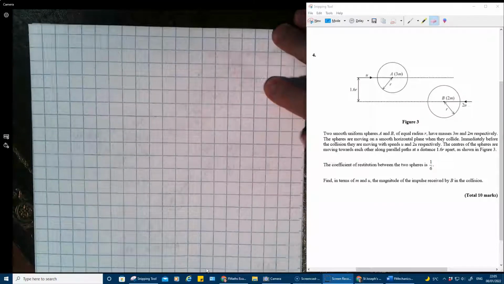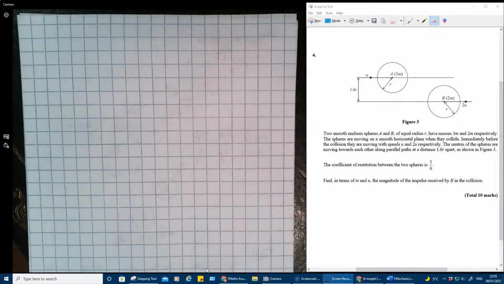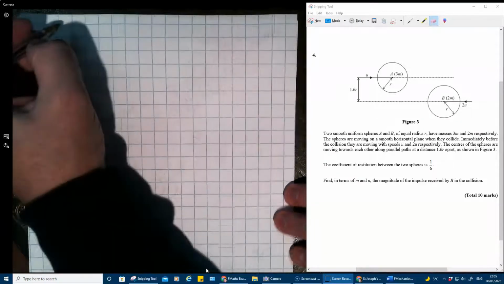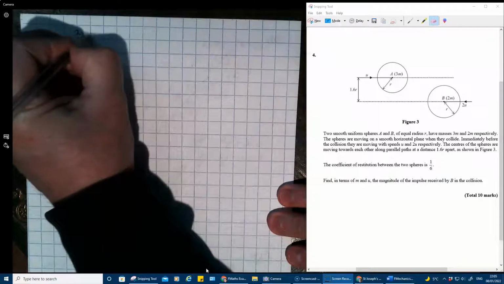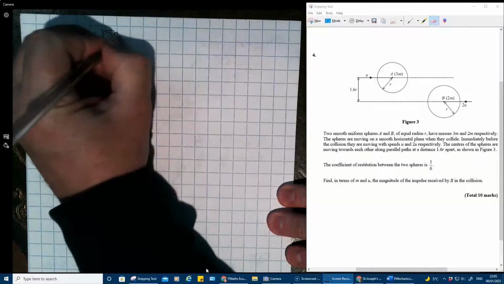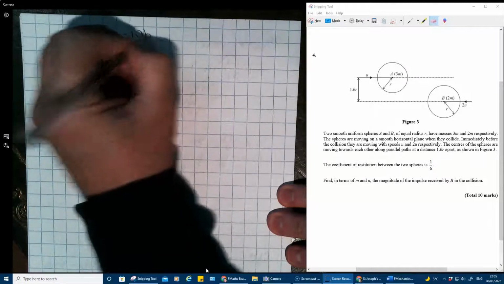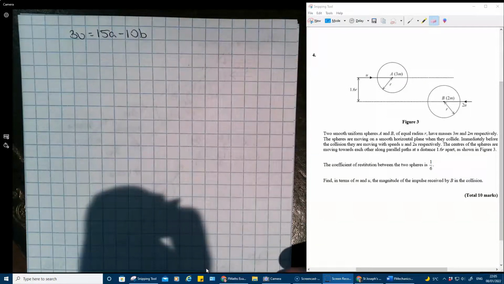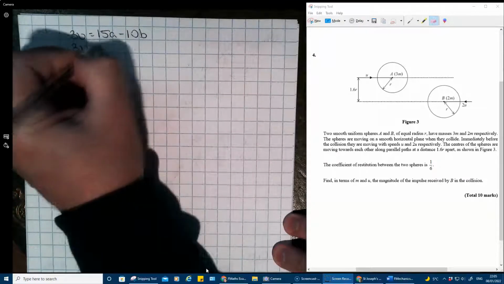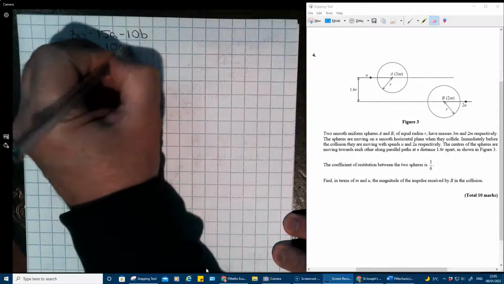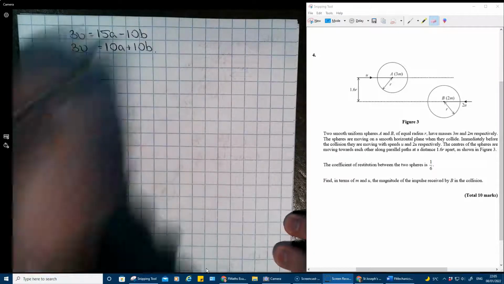Right, so moving over the page. Let's write them down again: 3u equals 15a minus 10b, and I've got 3u equals 10a plus 10b.